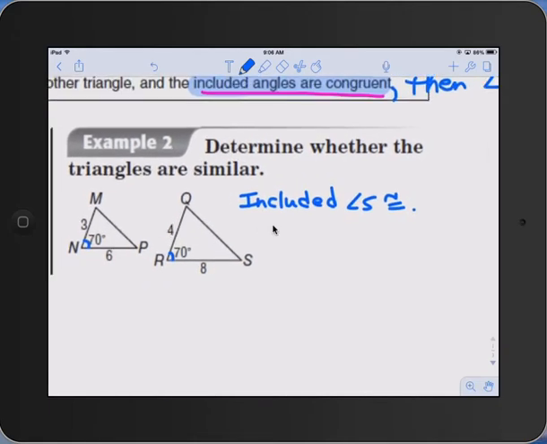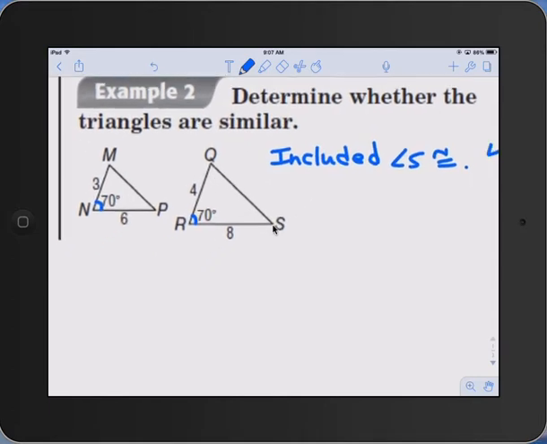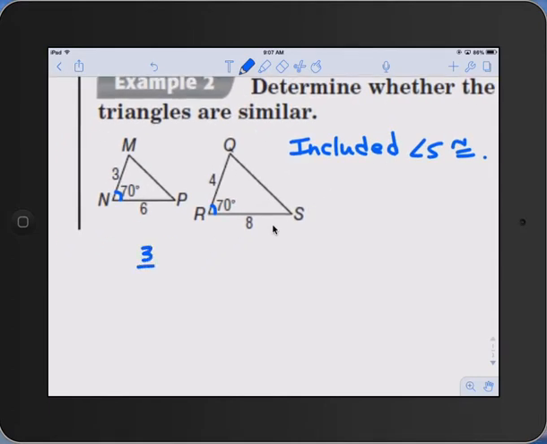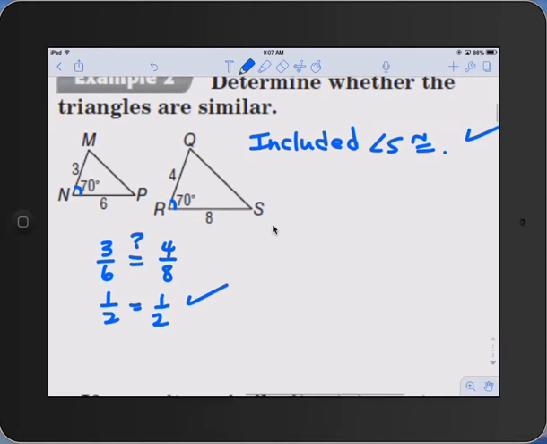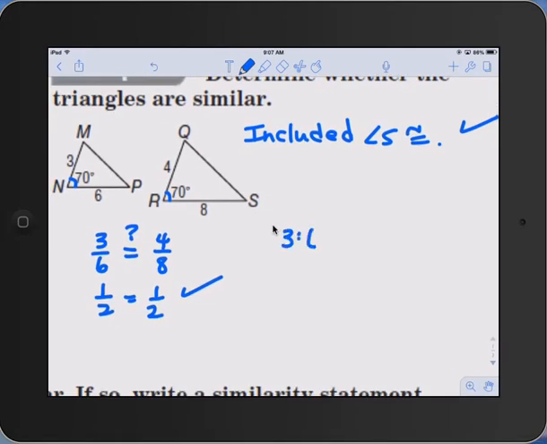And then we're checking whether the sides that include those angles are proportional. So you want to check, is 3 to 6 equal to 4 to 8, which obviously those are both 1/2, which means the sides are proportional. Or you can say 3 to 6 is the same as 4 to 8, which is 1 to 2, and those are the same ratio.